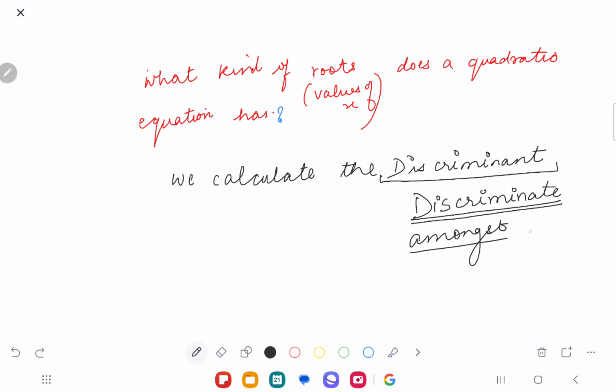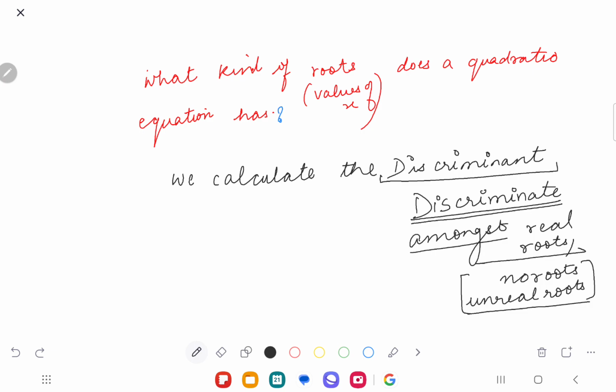Discriminate amongst the real roots or the no roots, or you can say the unreal roots. That is, whether the equation will have real roots or whether the equation does not have real roots. Do you understand? So that's the basic concept.